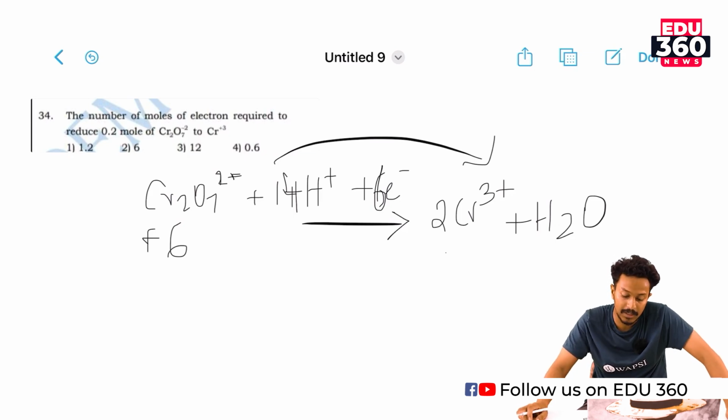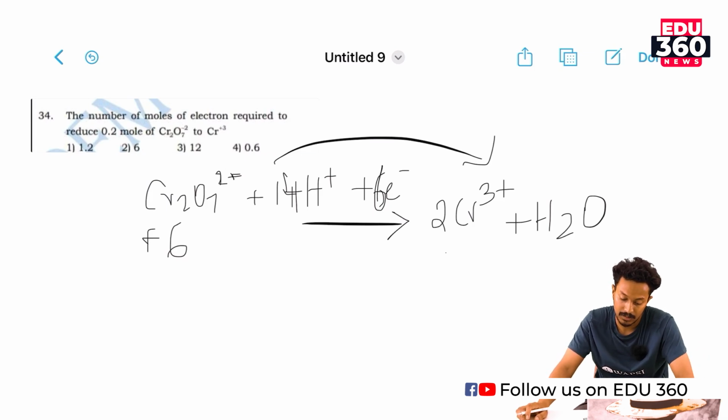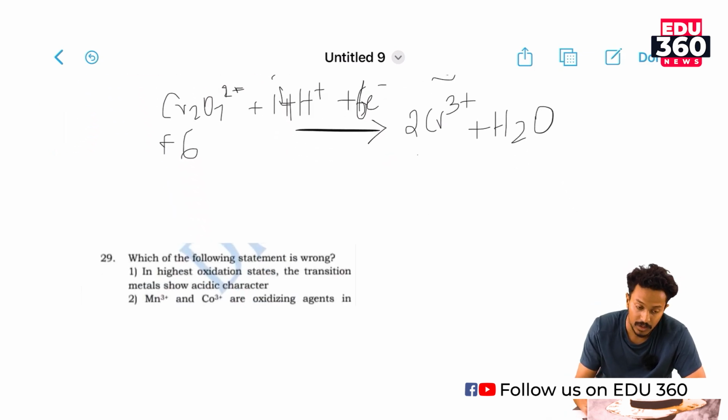We have to find out the number of moles of electrons required to reduce 0.2 mole of Cr2O7 2- to Cr3+. Okay, when 1 mole of Cr2O7 2- is reduced, we require 6 moles of electrons, isn't it right? Yes, 6 moles of electrons. What about 0.2 moles?